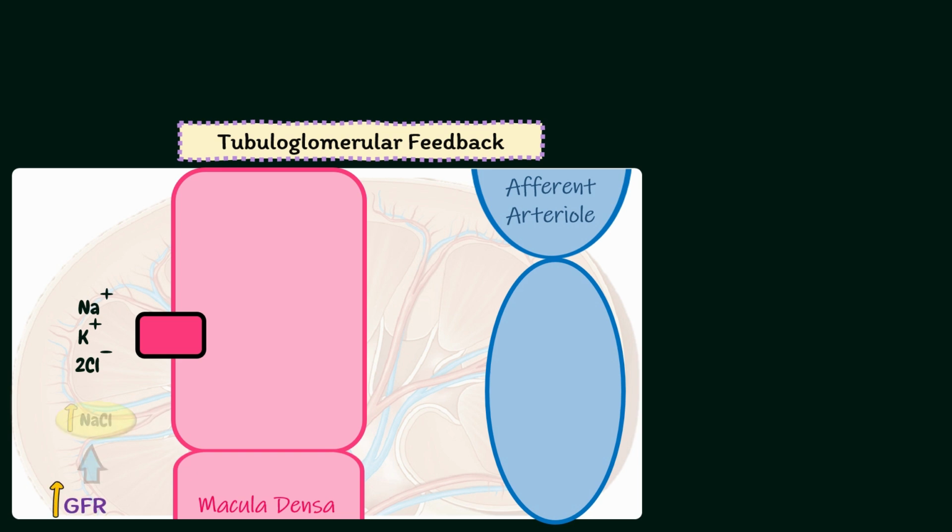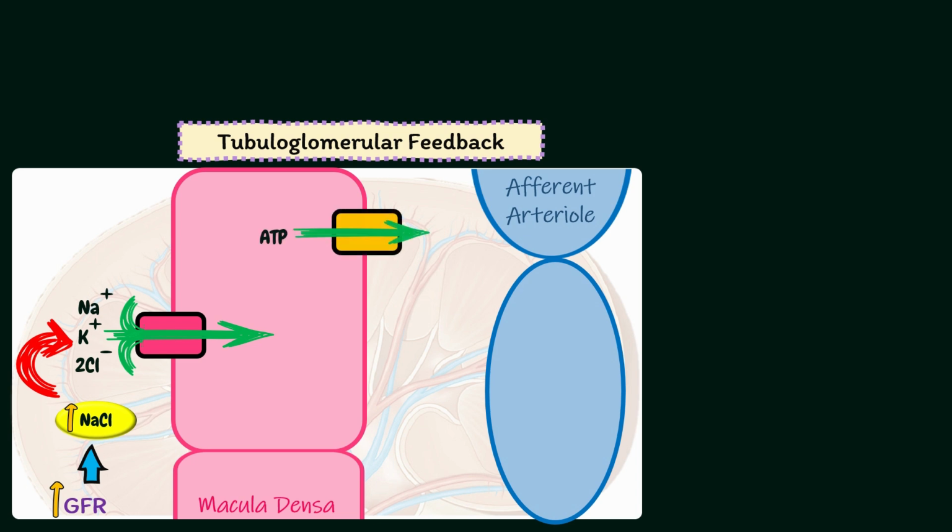When glomerulus filtration rate increases, concentration of sodium chloride increases in the filtrate. Macula densa releases adenosine from ATP. As ATP is released, it converts to ADP, then AMP, and then into adenosine.